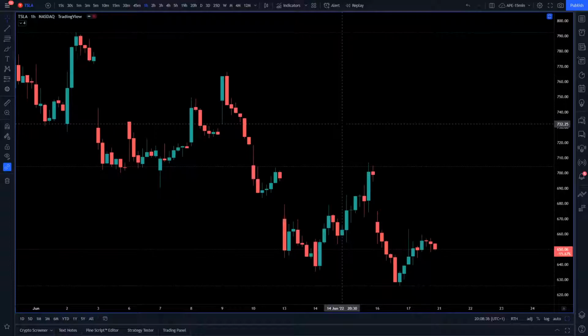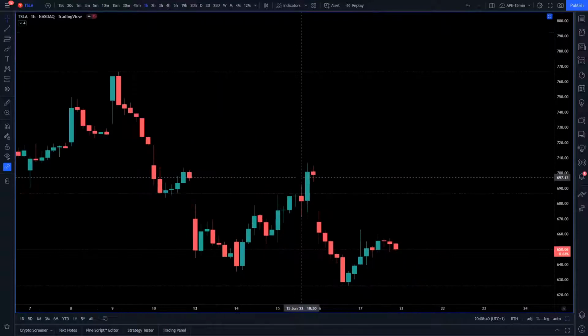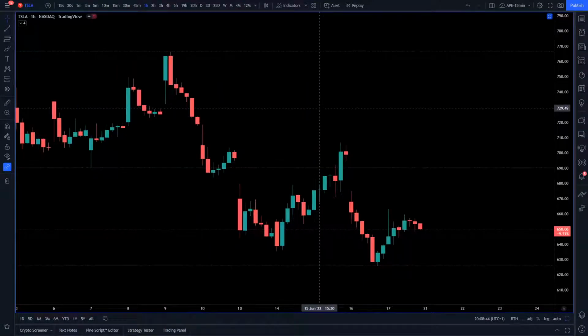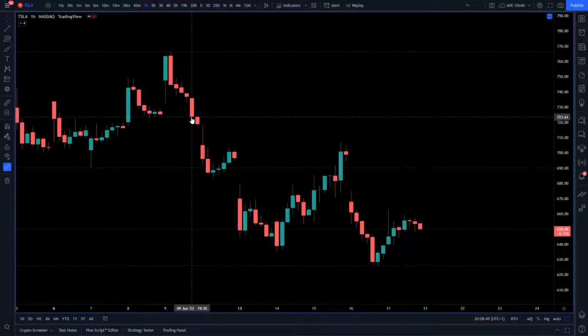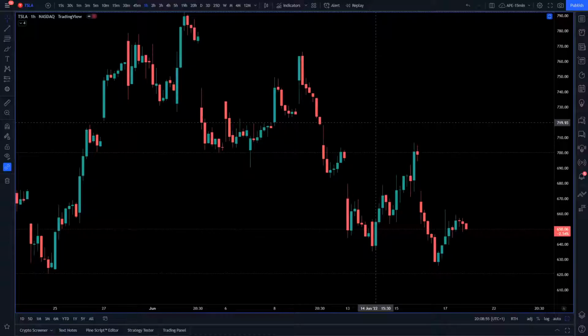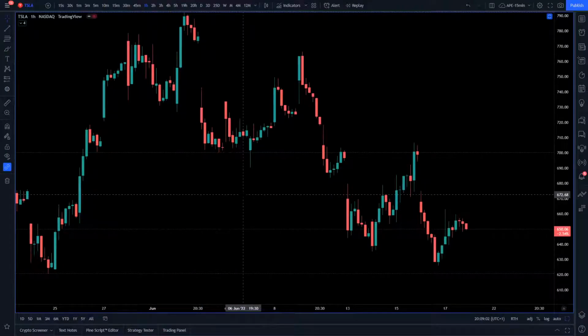So the only thing you can depend on is the price action, the price chart itself, because all those indicators are derived from the price chart. So why do you want to rely on indicators? You have to ask yourself that. Why can't you just look at the price chart and trade using the price chart?